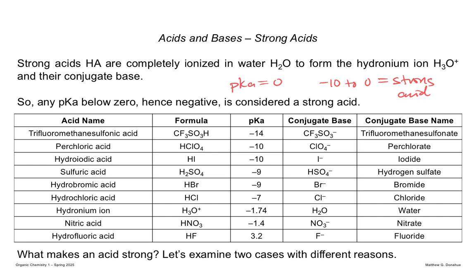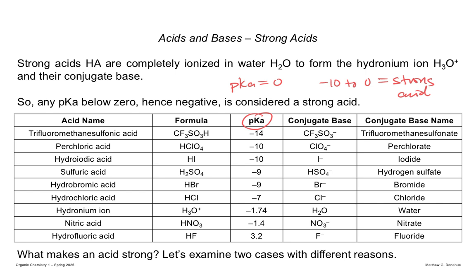So the table here is arranged according to pKa. In that third column, notice I have this number. I just told you it was negative 10, but this compound has a pKa of negative 14. So the boundaries are not hard boundaries. You can get things that are even more acidic, but those are other classes, like inorganic chemistry.